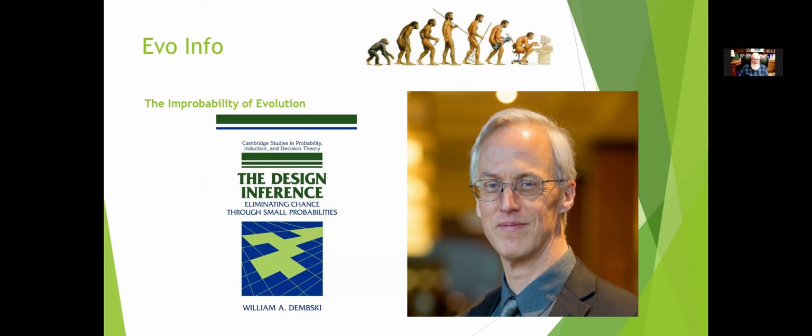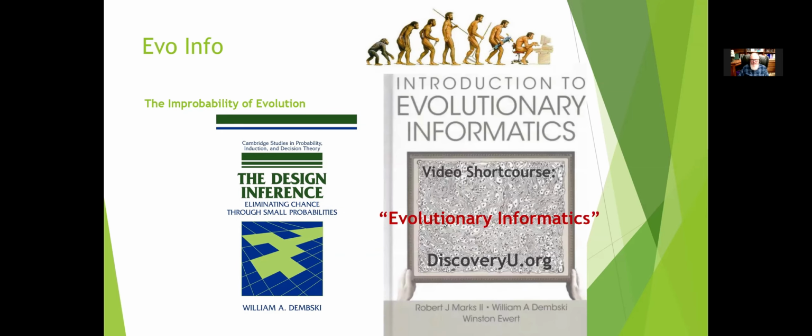Okay, so he wrote this book, and this is one of his seminal works. They just released a new version with Winston Ewert, who used to be a Baylor student of mine here. It's The Design Inference. In it, he was a mathematician, and he looked at design from a probability standpoint, and that's what we're going to do now.